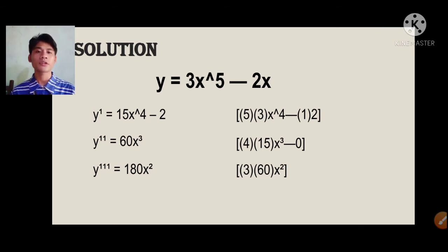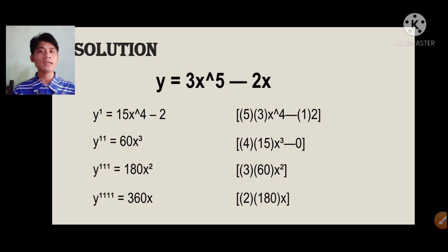Next derivative, or the last derivative, since we are asked to find the fourth derivative of the given equation, and that would be equal to 360x. Again, we apply the rules applicable to the given. So we came up with 360x.